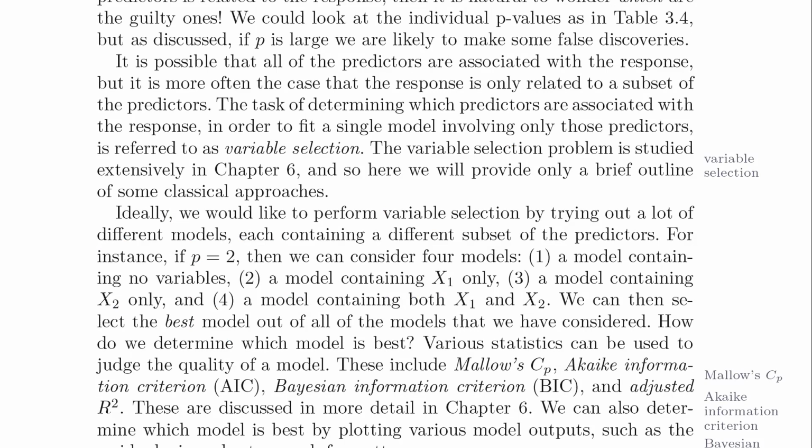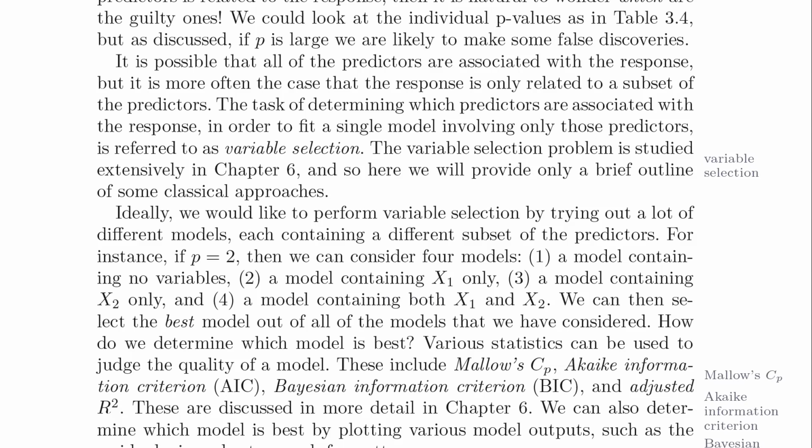The task of determining which predictors are associated with the response, in order to fit a single model involving only those predictors, is referred to as variable selection. So which variables do we keep? Which do we maybe exclude from the model? The variable selection problem is studied extensively in chapter 6.